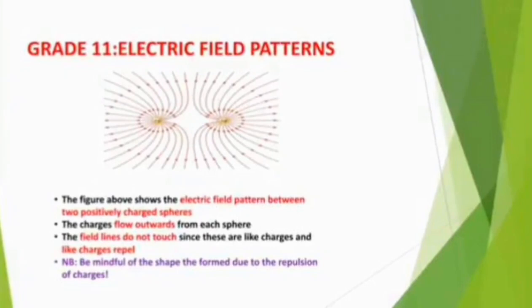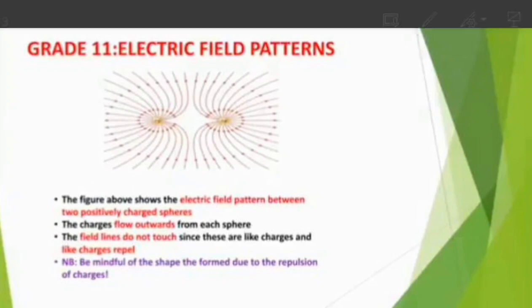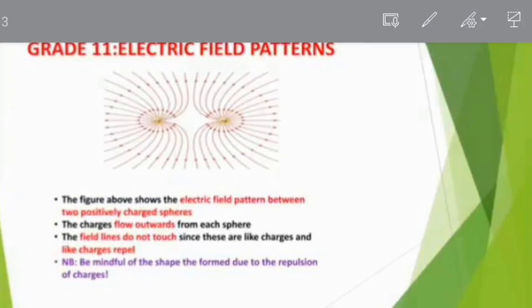Then we have the electric field pattern for the two positively charged spheres. So the figure above shows the electric field pattern between two positively charged spheres. The charges flow outwards from each other. As you can see, the arrows are indicating that the charges are moving away from the sphere, right?